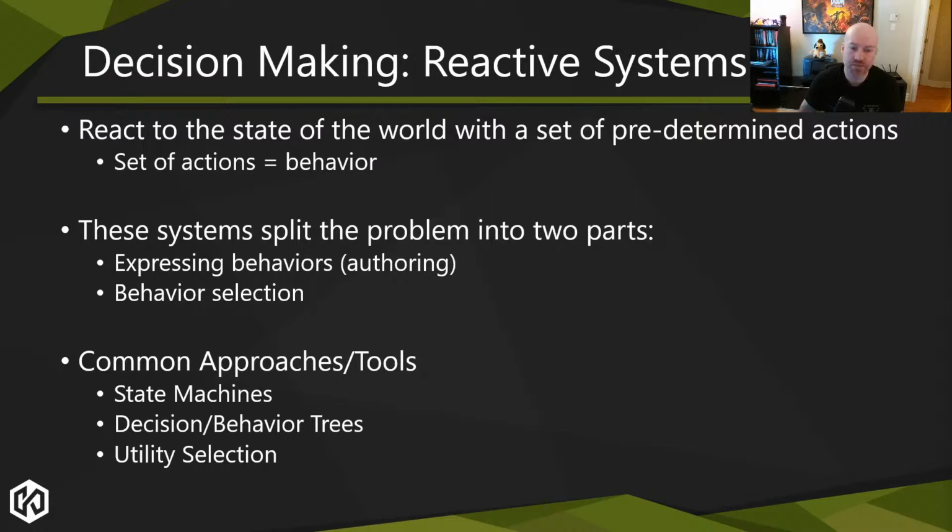In these systems, you also have the distinction between the selection of what I should do, as well as, okay, now I've selected that thing, what is it that I should do? The behavior authoring versus the choosing of behavior. Common approaches for this are, as I mentioned, state machines, decision or behavior trees, potentially utility selection, that sort of stuff. It's very simply pick a set of actions that make sense right now.